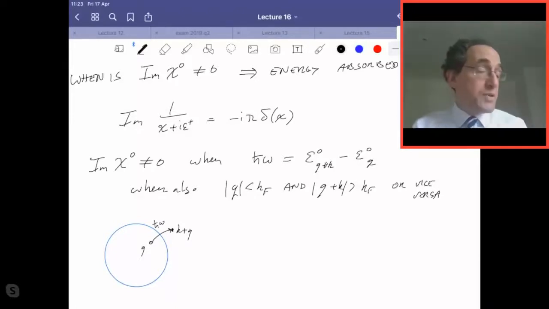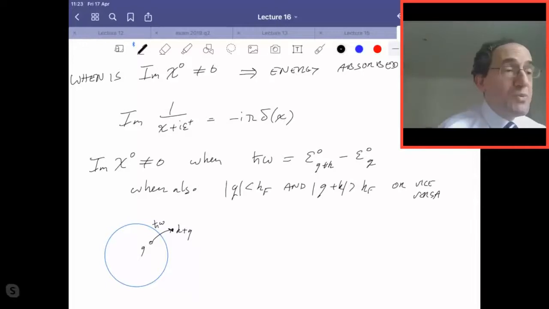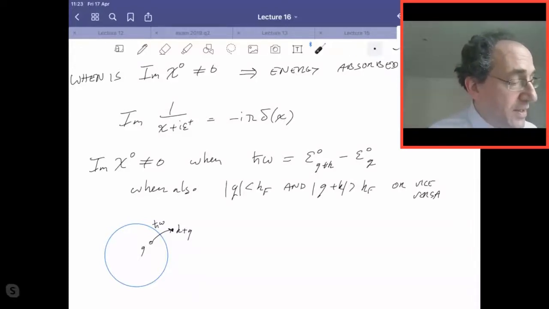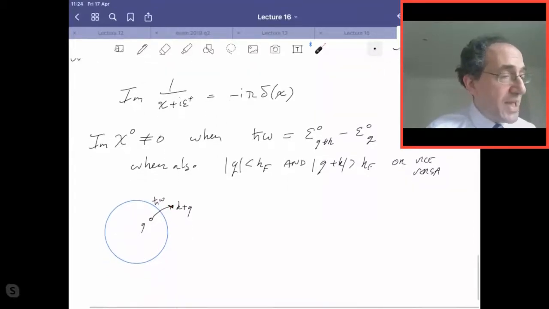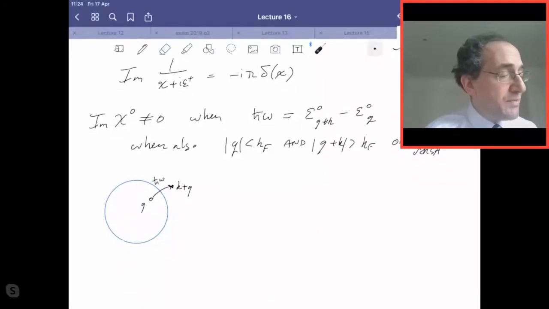This is what allows you to absorb energy: when the two states separated by wave vector k have energy h bar omega, and you're perturbing the system at frequency omega, then that energy is absorbed.